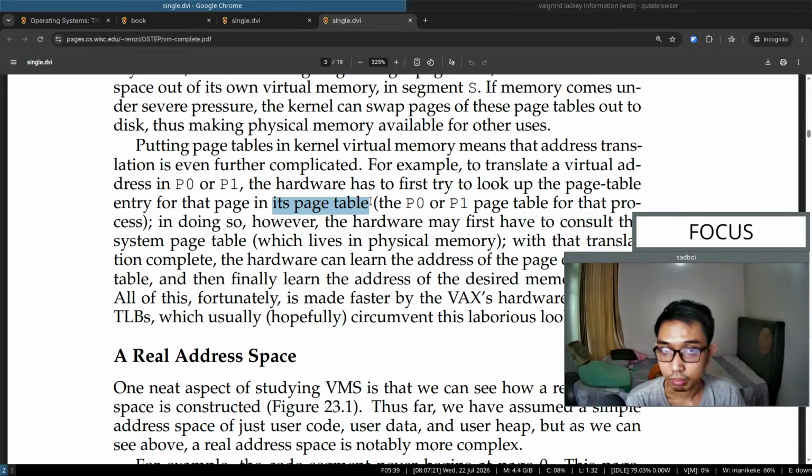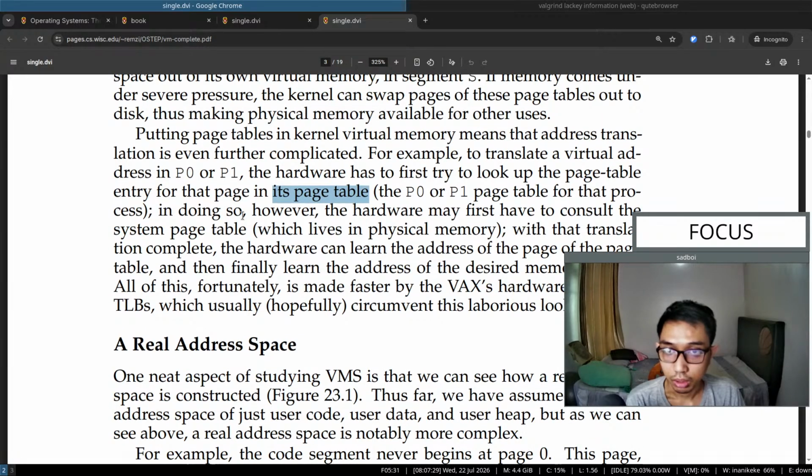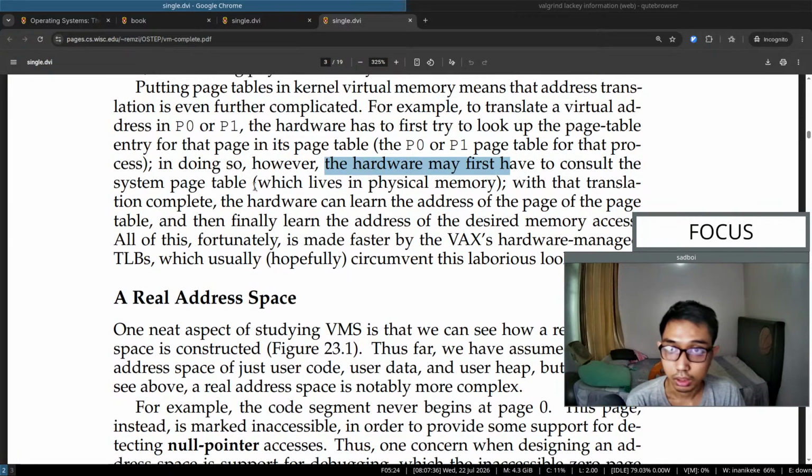But in doing so, the hardware may first have to consult the system page table, which lives in physical memory.